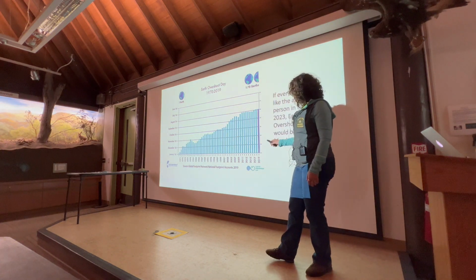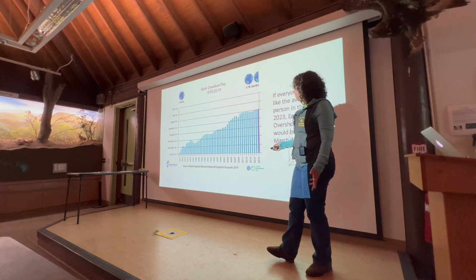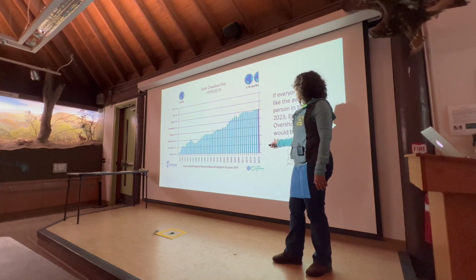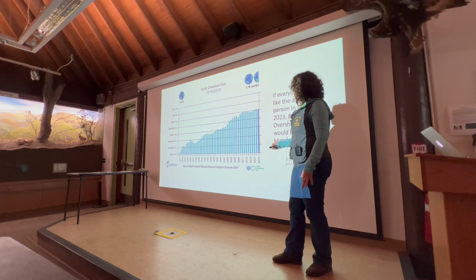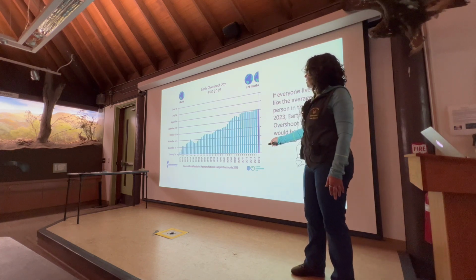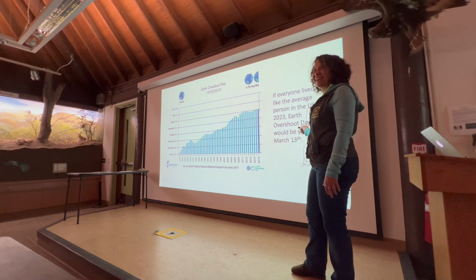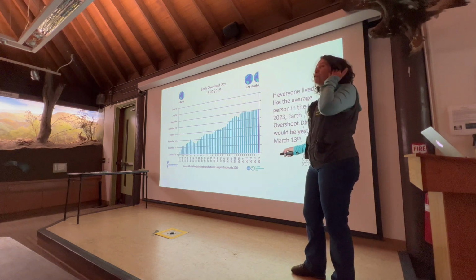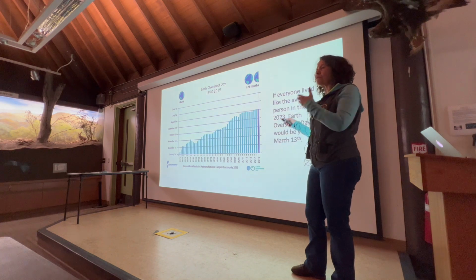Again, it's an estimate, so this is not necessarily exactly representing what's happening on Earth, because it's hard to measure all those things. But you get the idea that there is a significant trend here, that humans are using more resources every year.